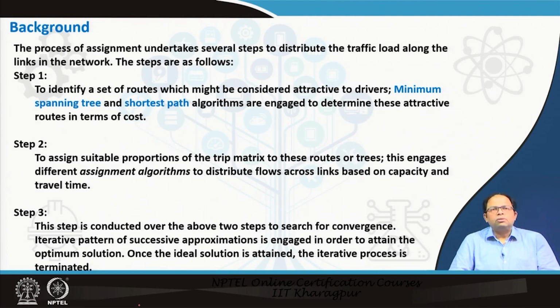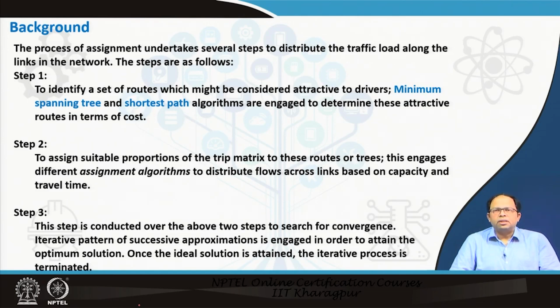In step 2, the job is to assign suitable proportions of the trip matrix to these routes or trees, and for that we require several assignment algorithms which distribute the flows across the links based on capacity and travel time. Why suitable proportions?